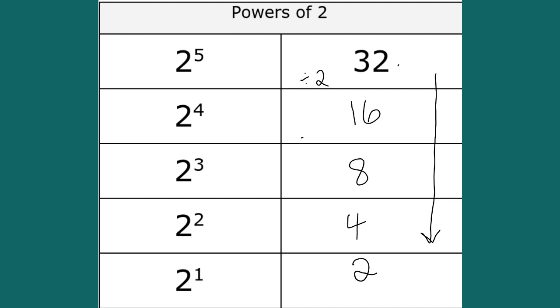And 16 divided by 2 is 8, and 8 divided by 2 is 4, and 4 divided by 2 is 2. So as I move down my powers of 2, I am dividing by 2. And this makes sense because each time I add an exponent, I am multiplying another time by 2. So if I'm going in the opposite way, I am dividing by 2.